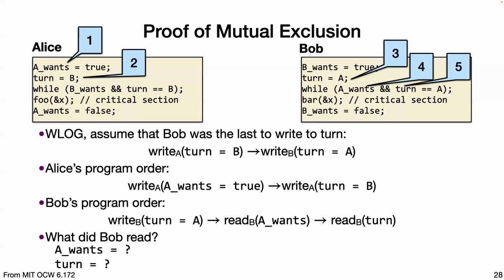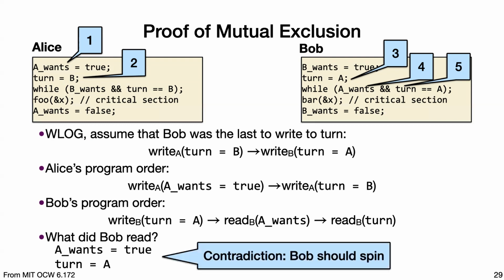So what was A once? Is true. Yeah. And what about turn? Turn is A. Exactly. So that is what we got because we composed these chains. And this is a contradiction because in the beginning we said that both of them got to the critical section, but we showed that that's not possible, because if these values were the way that they are, then B should not have continued.